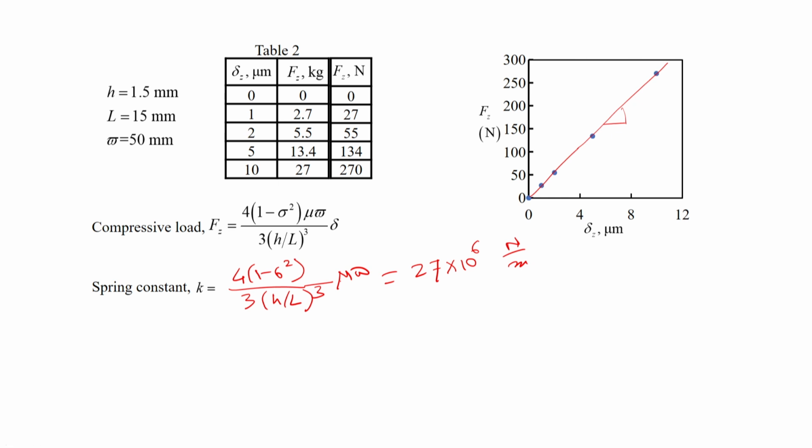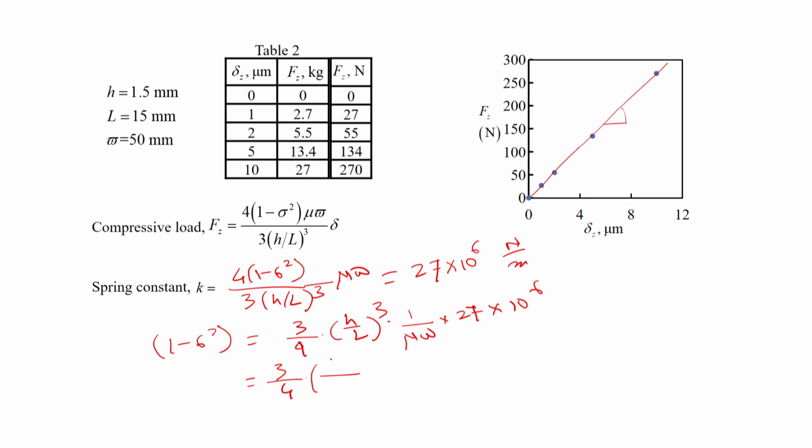Now let us write 1 minus sigma squared. This will be equal to 3 by 4, into (h by L) whole cube, and 1 upon mu w, into 27 into 10 to the power 6. Let us put in the values. This is 3 by 4, h is 1.5 millimeter, 1.5 into 10 to the power minus 3, divided by L is 15 millimeter.